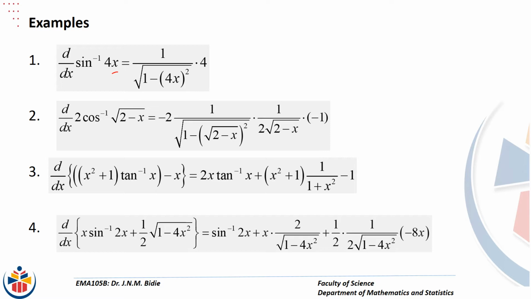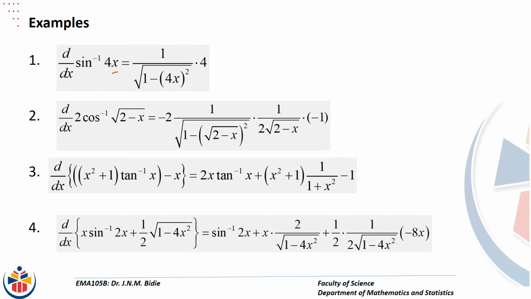Also, we can prove now the derivative of arc cos of u, and arc tan of u. The derivative of arc tan of x is 1 over 1 plus x squared.